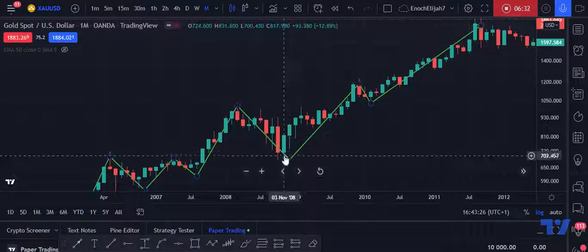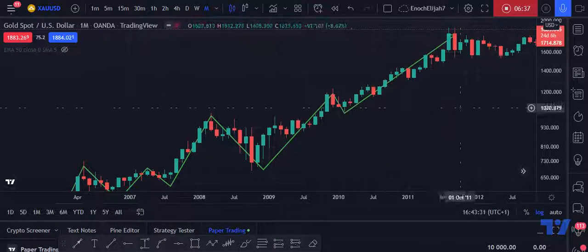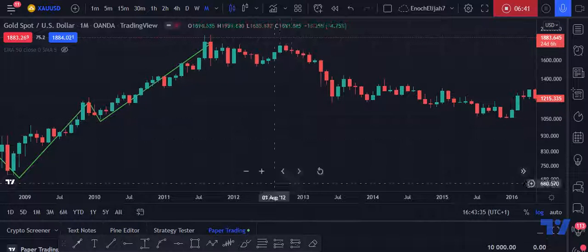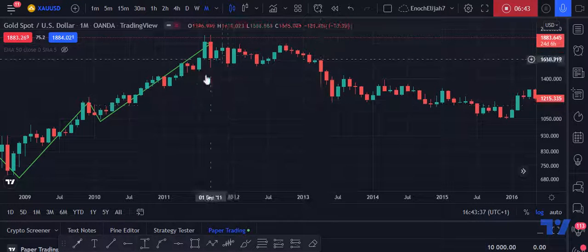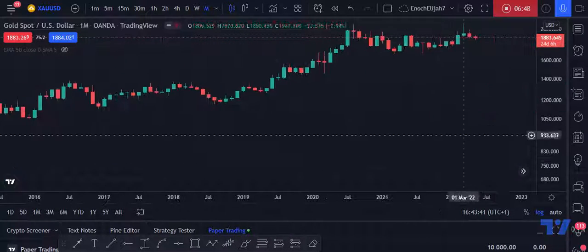So you enter on pullbacks. Next, I'm going to show you how to do that on an uptrend market and also on a downtrend market, how to know which pullbacks to take and which to ignore.